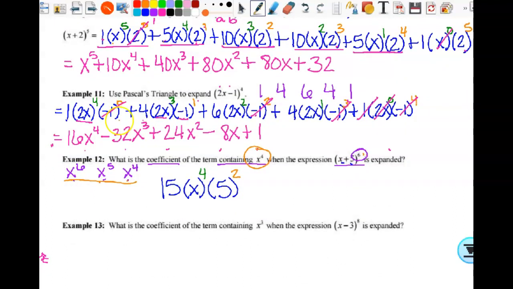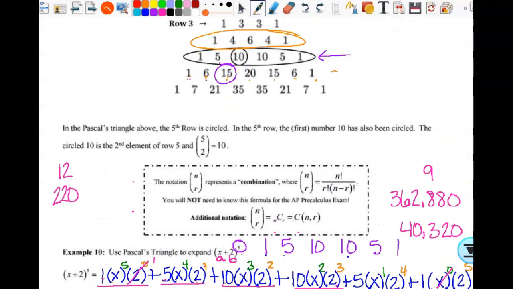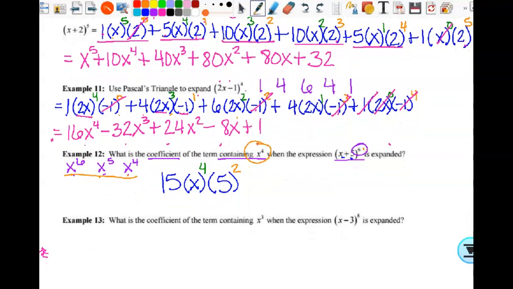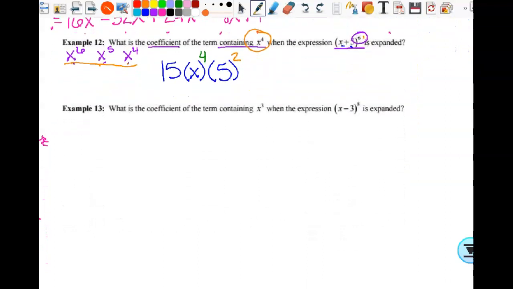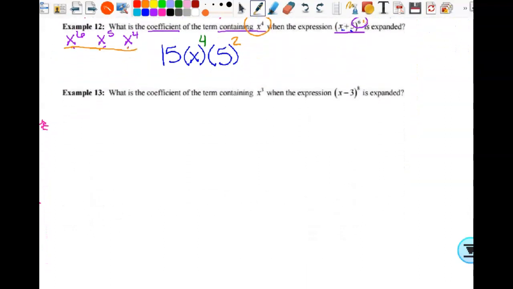Does that make sense? We good on that? Okay, so third term, x to the 6th, 5th, 4th, 3rd, 2nd, 1st, 0th, right? So that's where I'm getting the 15 from. We okay with that?